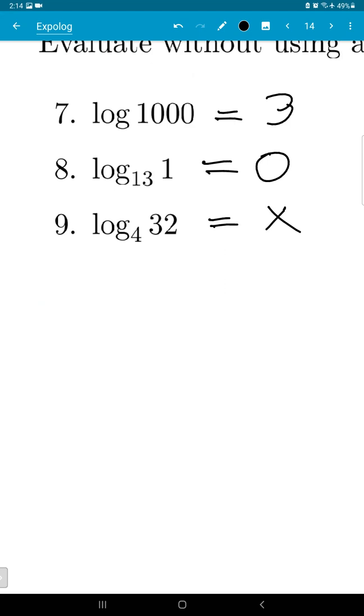And instead of looking at this logarithmically, you look at this exponentially. That is, you rewrite it in exponential form. So you do that thing again: 4 to the x equals 32. And this is easier to handle because we are used to computing exponentials other than logarithms.